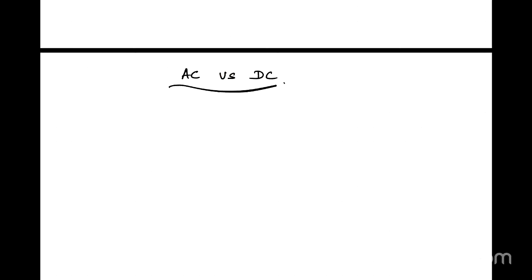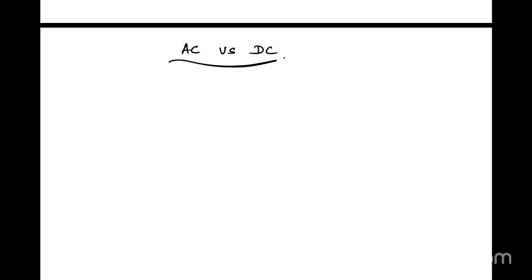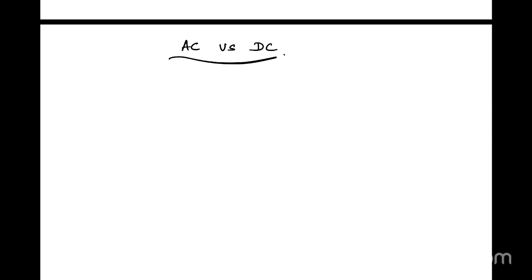Still now there's a fight over which current is better. Some people say alternating current is better than direct current, and the others have the opposite ideology, right? But there's a clear difference between AC and DC.